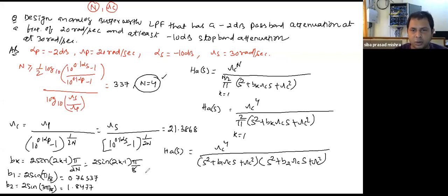Now everything is known to you. Omega c is known to you, n is known to you, and b1 and b2 are known to you. Now this is your main equation. Put all the values in equation A, and you will get the transfer function of the Butterworth filter.